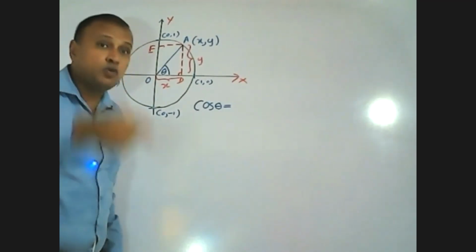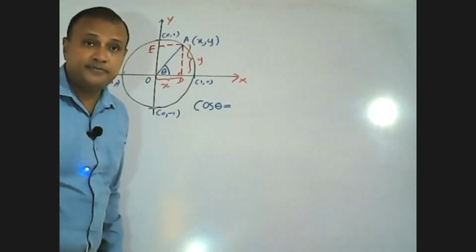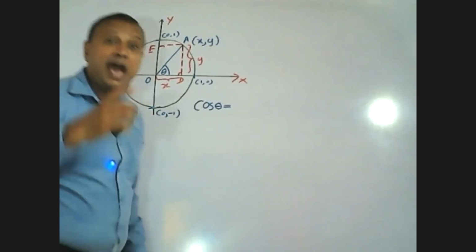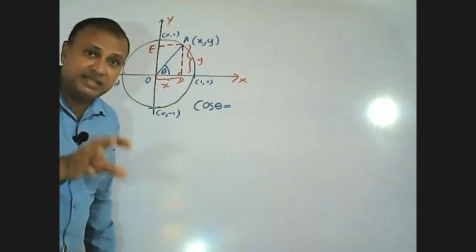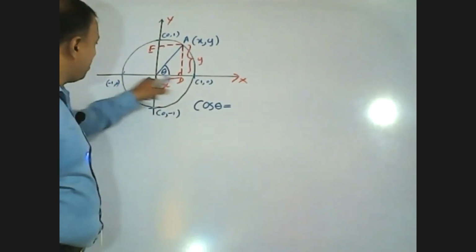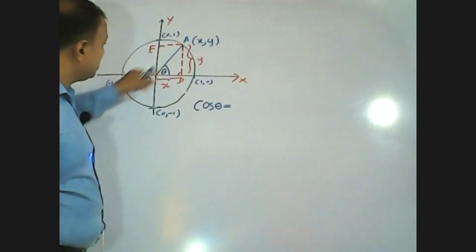Now I have to write those lengths in terms of the circle. So I have to replace those words using terms in circles. OD is the perpendicular projection of OA.